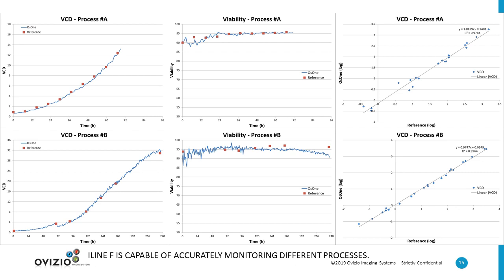It's perfectly possible to monitor the differences between the processes, to keep track of differences, and to do that in a very reliable and robust way. In this case, the red dots are the sample points and the data points generated by the offline reference measurements, and the blue lines represent the results generated by the Inline F.